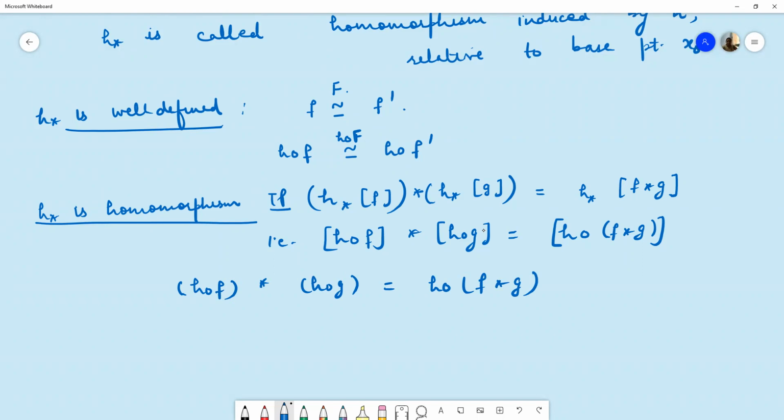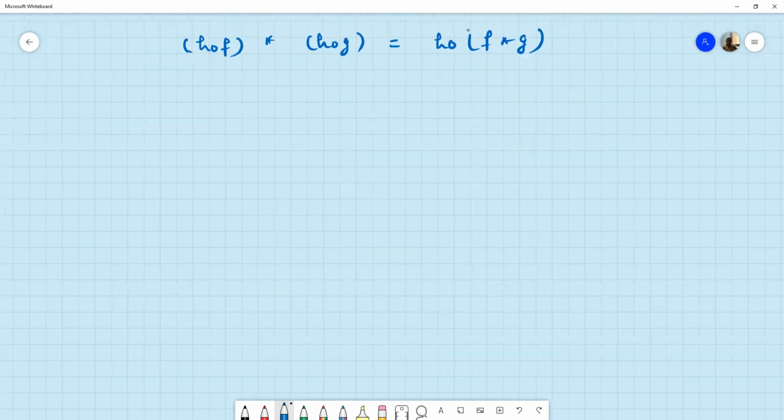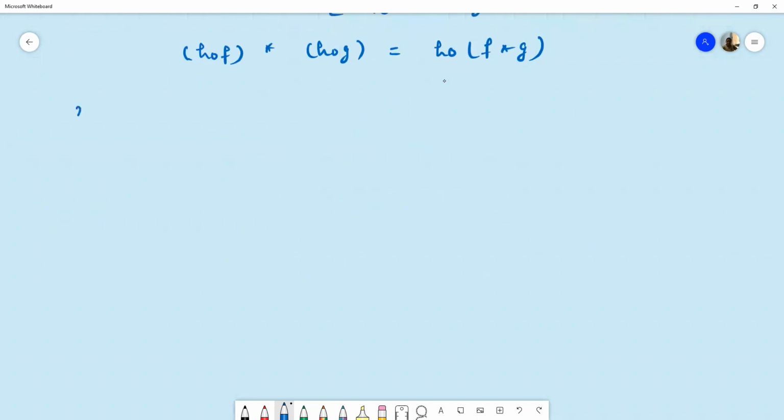Now this homomorphism does not depend only on the map h, but it is dependent on the base point x naught also. So we call this homomorphism induced by h relative to base point x naught. So if we take two different points x0 and x1 in space X, then we symbolize h star for two different mappings.